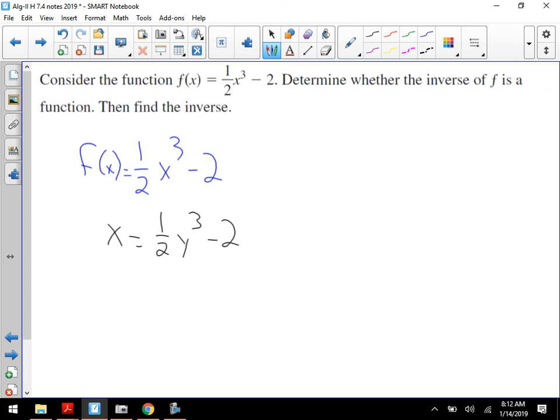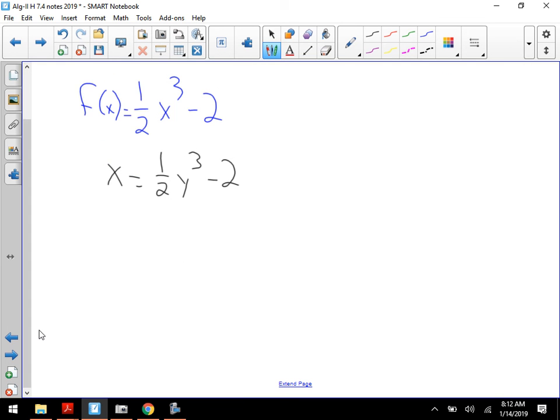Yep. Now what? Multiply everything by 2. Very good. And then lastly, cube root it.